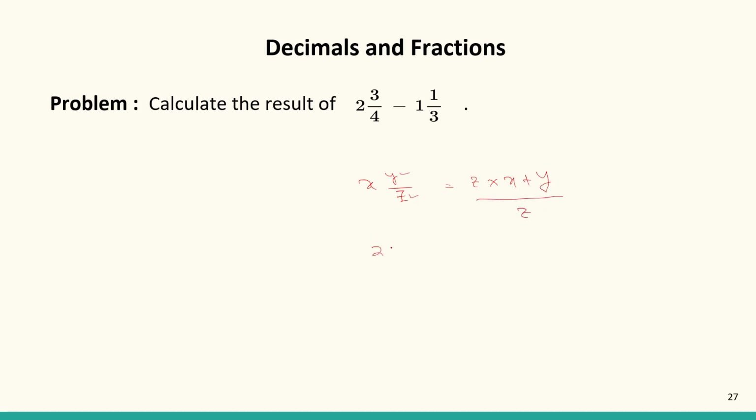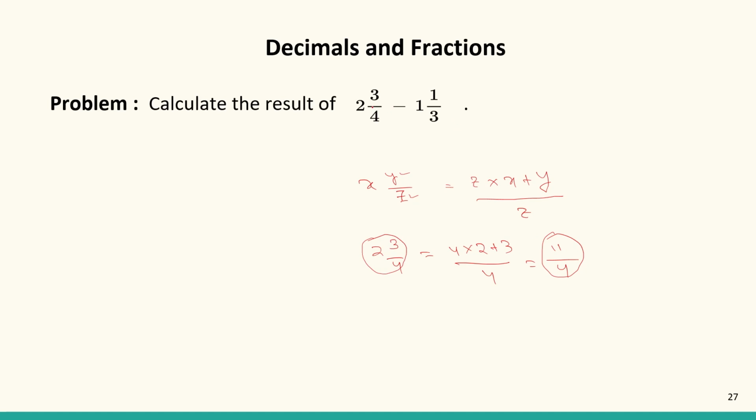If we are given 2 3 by 4, this is equal to 4 into 2 plus 3 by 4, that is 8 plus 3 is equal to 11 by 4. This is called the fractional form of this mixed number. These two are the same.